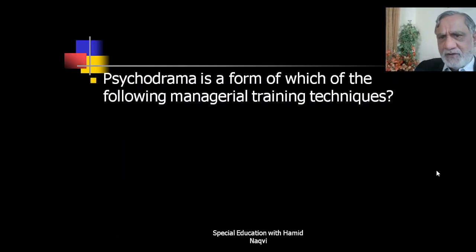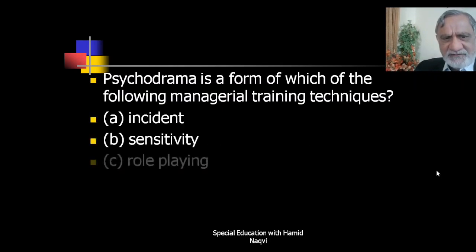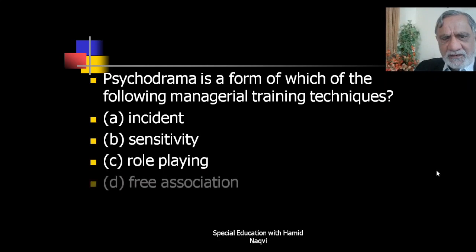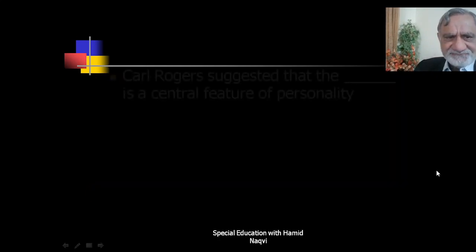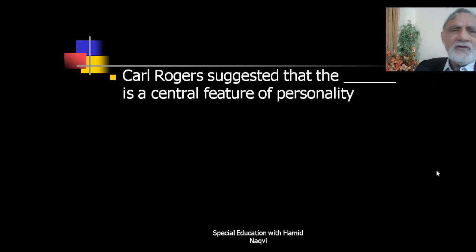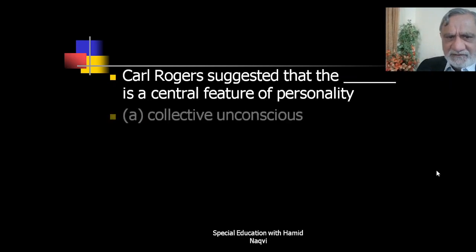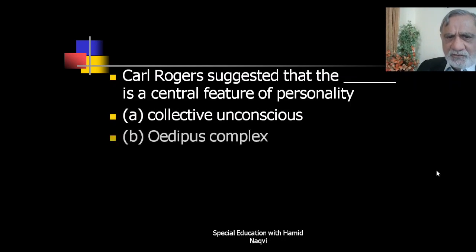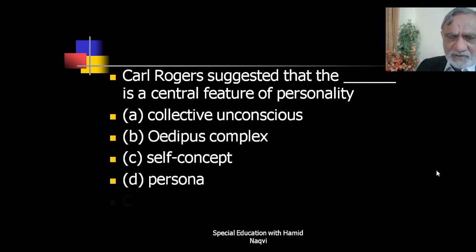Psychodrama is a form of which of the following managerial training techniques? Incident, sensitivity, role playing, free association. Correct is C, role playing. Carl Rogers suggested that the blank is a central feature of personality: collective unconscious, Oedipus complex, self-concept, or persona?